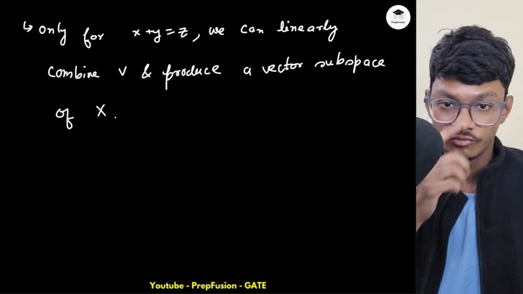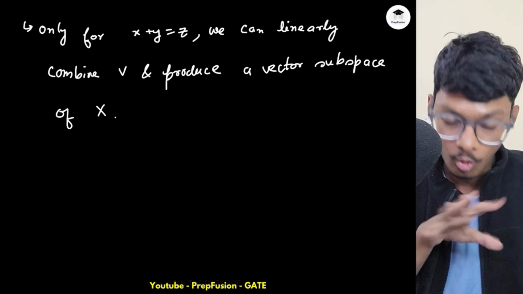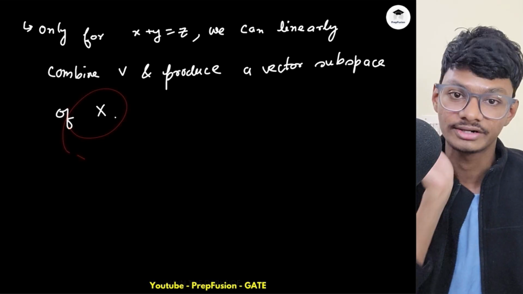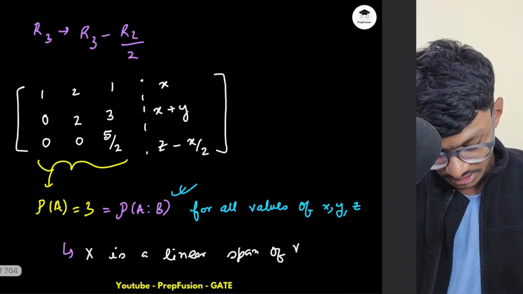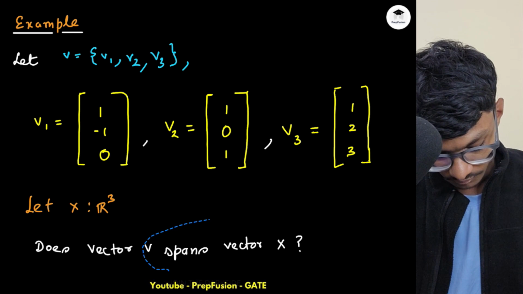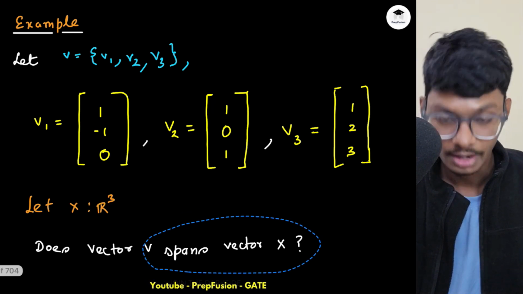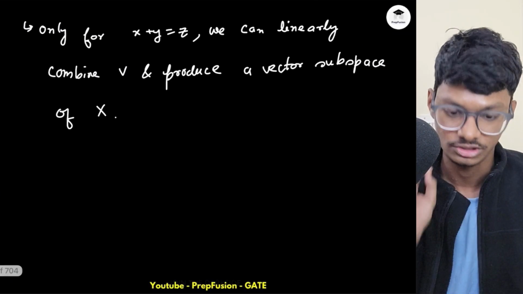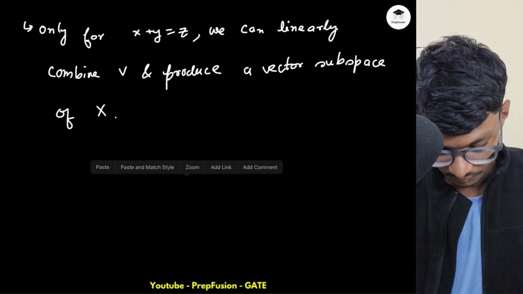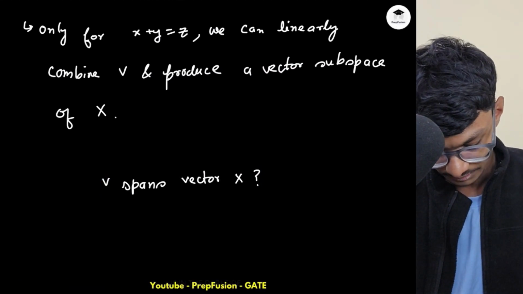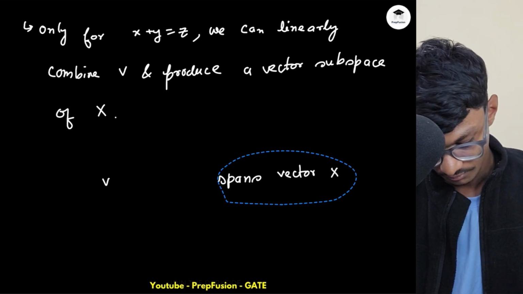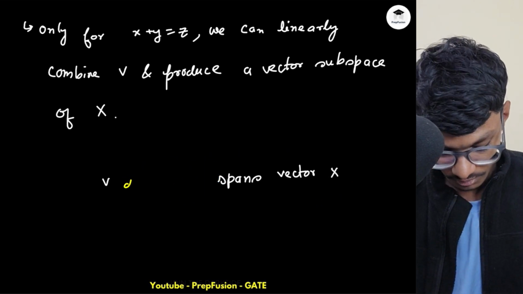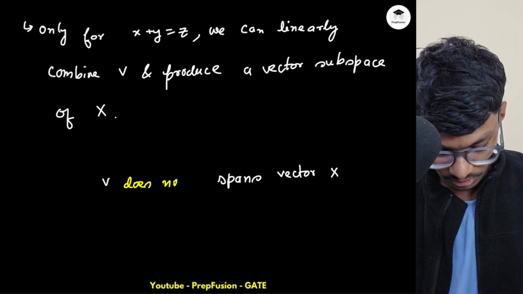Okay, so we will not be able to produce the whole of the vector space. We will be able to produce a vector subspace of x. Hence we can say that v does not completely span vector x. Basically v does not span x. So this will be our answer. V does not span x.